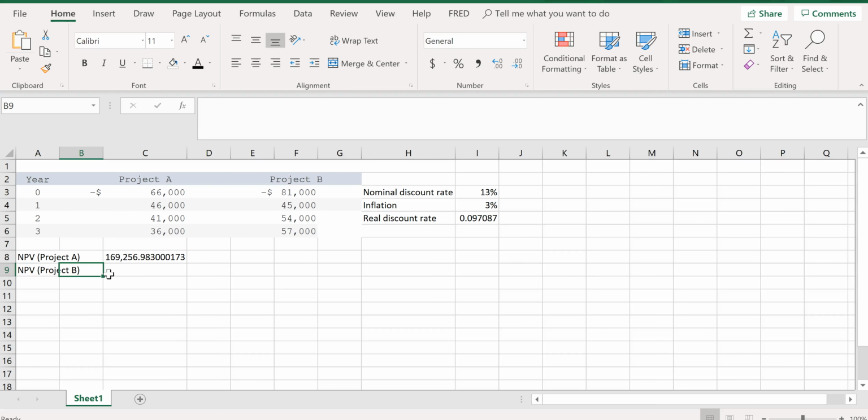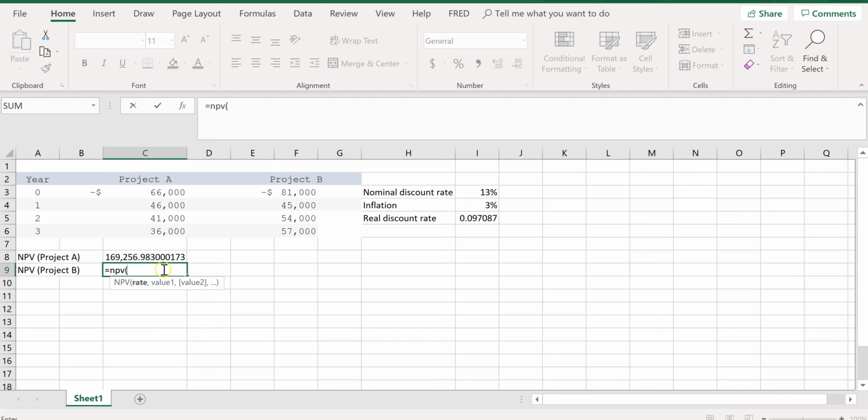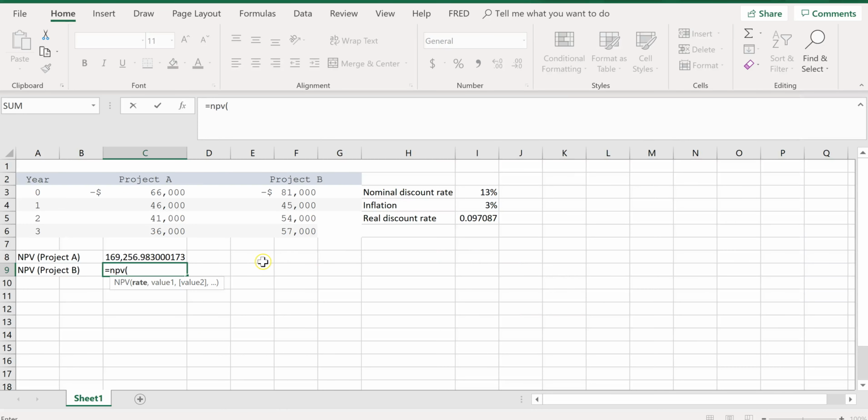And then NPV for project B is similarly calculated, equals NPV. The rate here, remember project B, the cash flows are in nominal terms. So we need to discount these cash flows at the nominal discount rate.